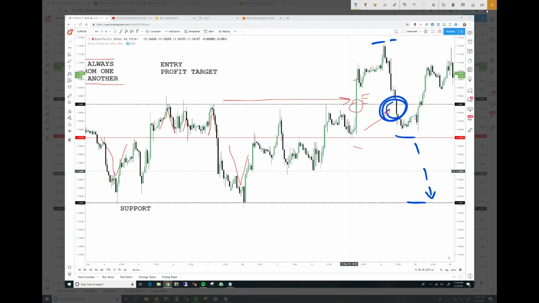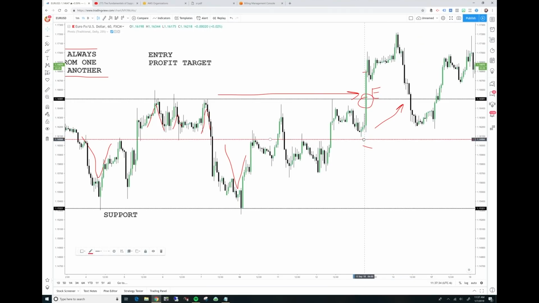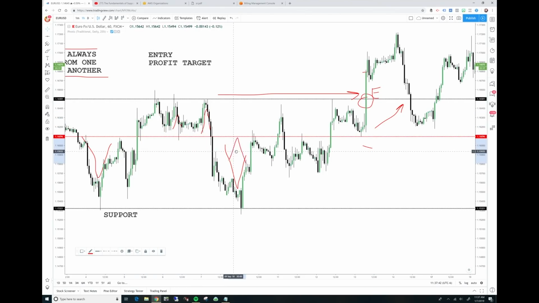All right, back to our regularly scheduled programming. So we had that intermediate level of support and resistance, and it didn't work. But you could see that there are multiple hits of that level here, here, here, and this area again. So this area has been hit a bunch of times, and price has stopped at that level a bunch of times.